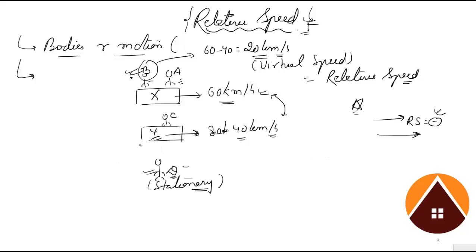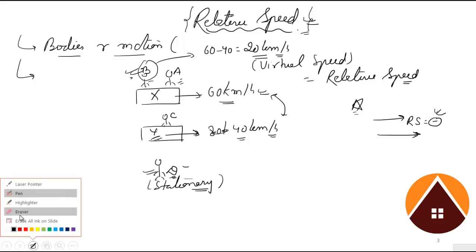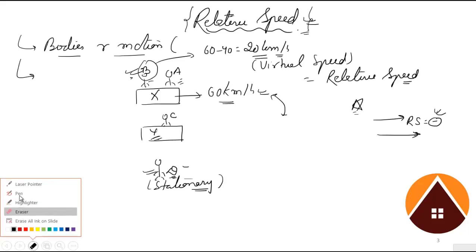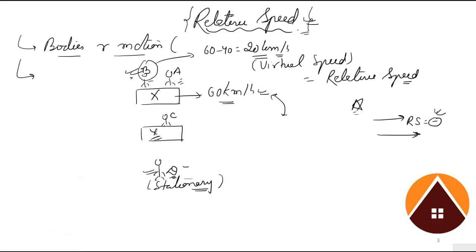In the same example, instead of this car coming from this direction, if I make him come from this direction at, suppose, 40 km per hour, the speed reported by D will be the same in this case again.